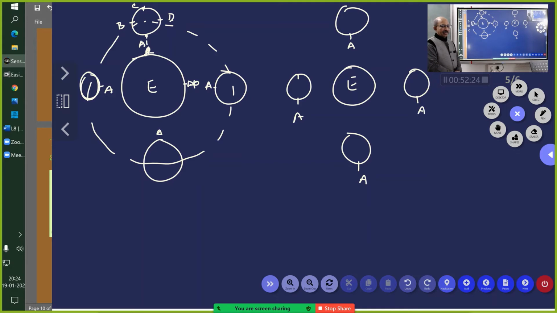Has anybody come out with an answer? Is the moon performing pure rotation, or only curvilinear translation, or both? I'm telling you, draw some diagrams. So this is one possibility, this is another possibility, right?